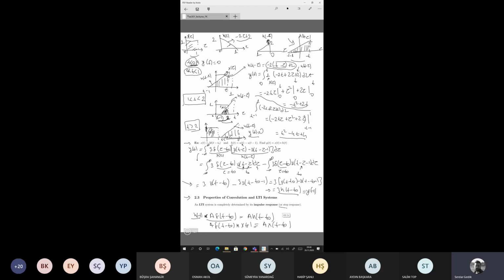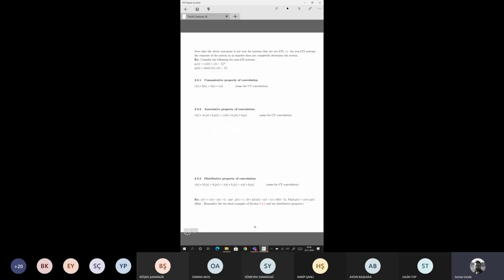We will see that instead of the impulse response, the step response also exactly characterizes an LTI system. We will see this in a moment. But for the time being, assume that if we have the impulse response of an LTI system, of course, we can completely determine its properties.